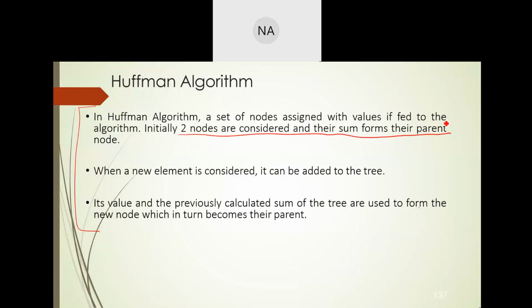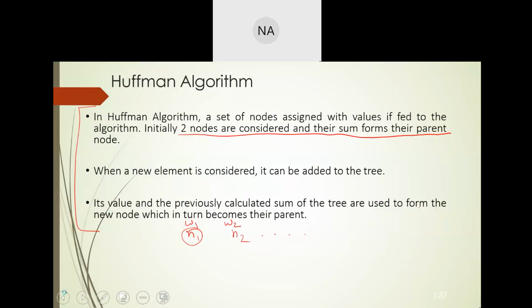So in a step of the Huffman algorithm, first you select two nodes, and which nodes are selected? Those nodes which have the minimum weights. For example, say nodes n1 and n2 have weights w1 and w2, and these are the minimum weights among all the nodes, right? So these two nodes will be selected.